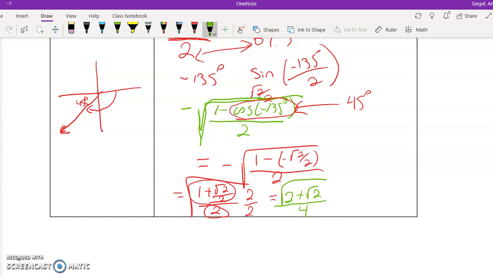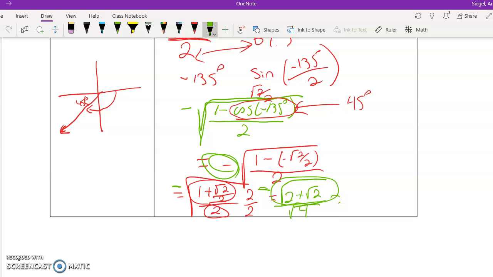So I'm going to look at this as square root of 2 plus square root of 2, over square root of 4. I'm just going to leave this craziness on top here. Oh, and don't forget, I keep forgetting that negative here.